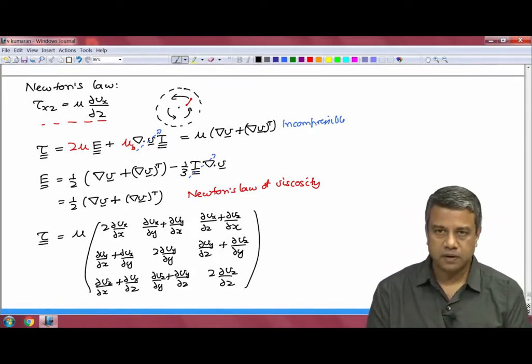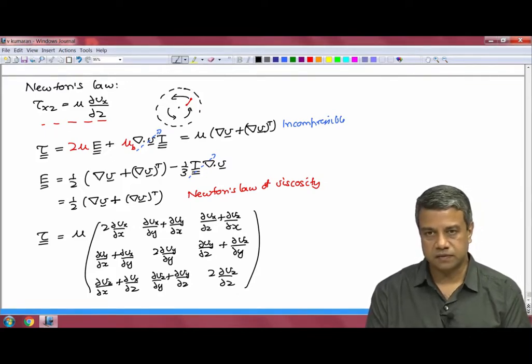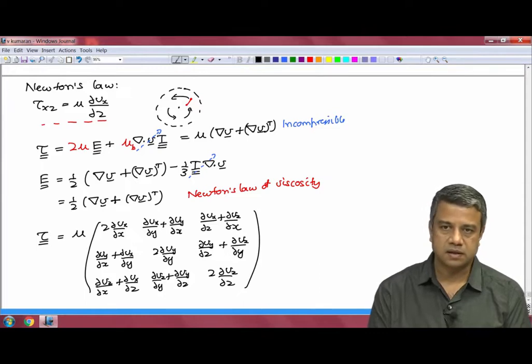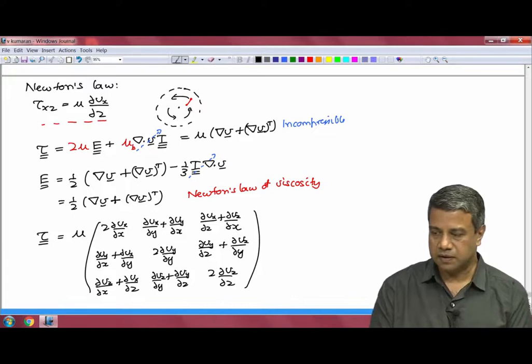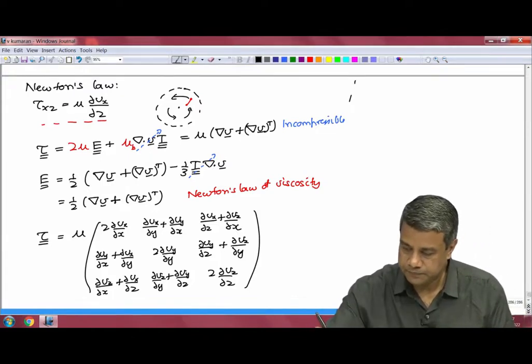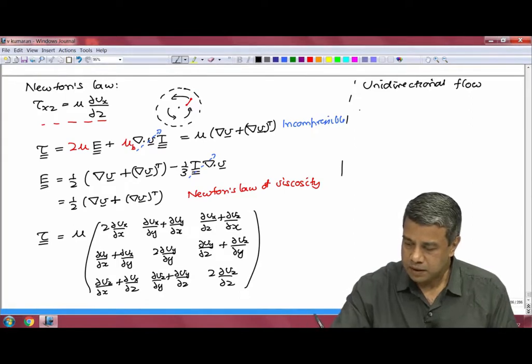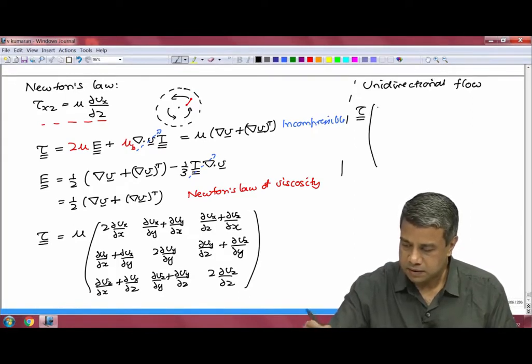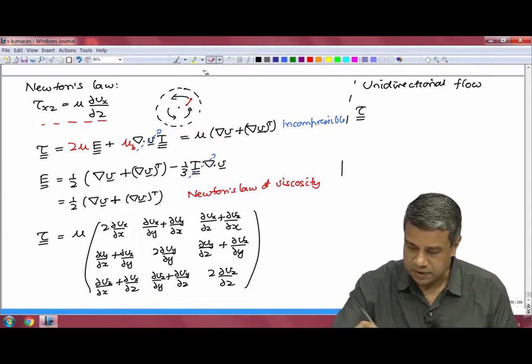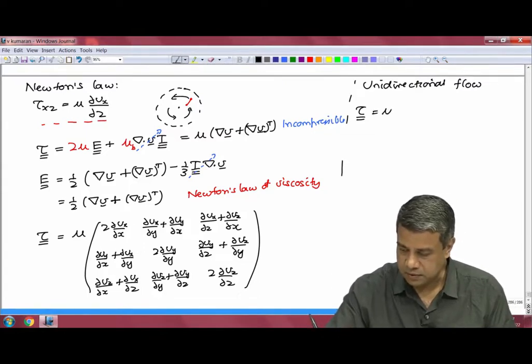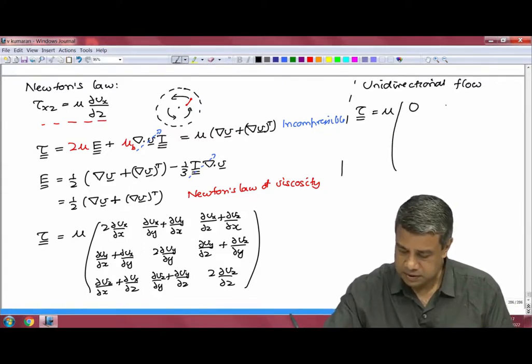For unidirectional flows where Vx is only a function of y, or rather the unidirectional flows that we have been considering, you can simplify the expression that we have here, which is equal to mu into this.